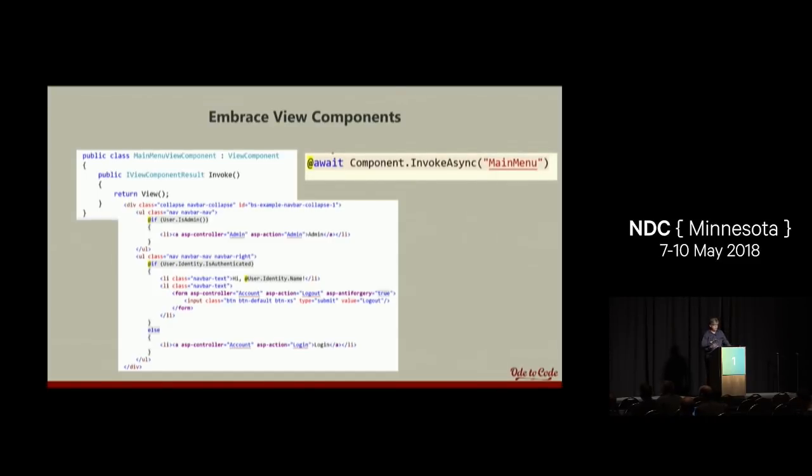It has to be rendered from some other view. So in a view, with a tag helper, I can say go out and render the view component main menu. This main menu is a class with an invoke method. So it can have logic in there, it can do data access, and it can say return a view. And that view could be whatever markup you need with whatever model. And that's a good way to build composable UIs if you need to.